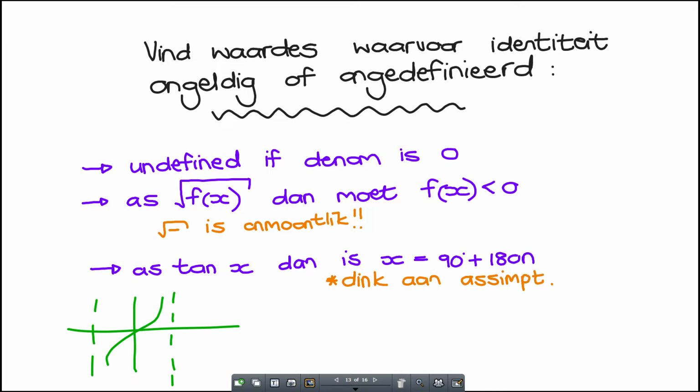And that was at 90. Daai tan grafiek mag mos nooit by 90 deurgegaan het nie. Do you remember that? So dink aan die asymptoot. Okay, right. So those three things, you always keep in mind when they ask you to find the values for which this equation would be undefined.